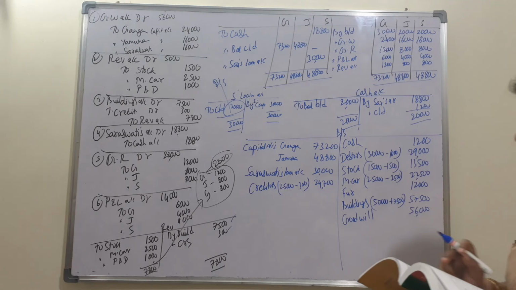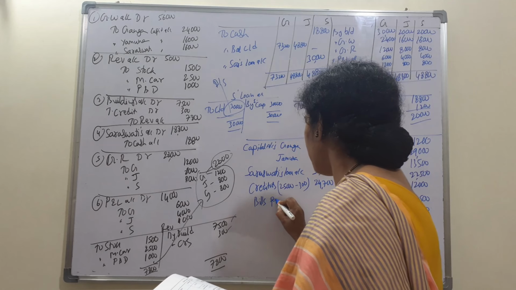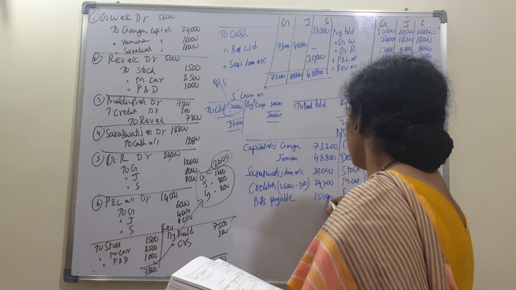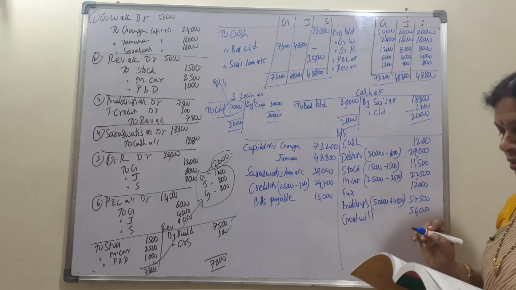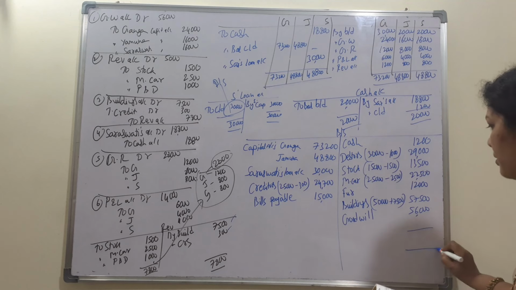Next, bills payable 15,000. And Ganga, Jamuna amount we already wrote.